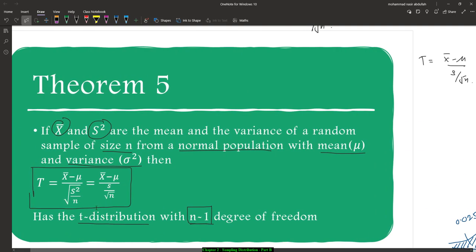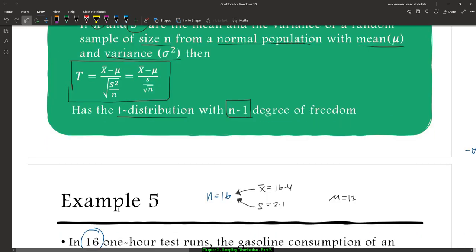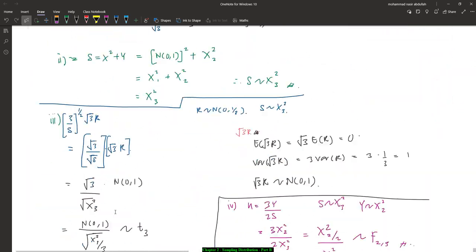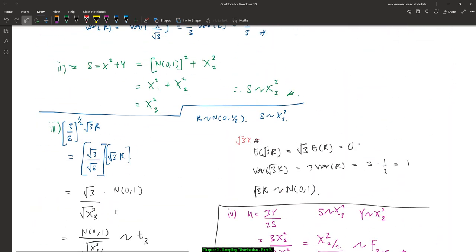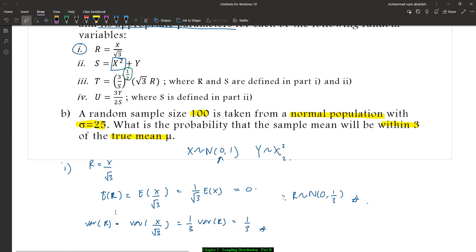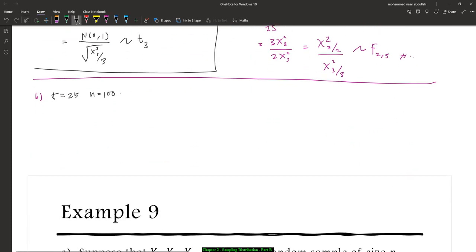Here it says find the probability that the sample mean will be within 3 of the true mean. So probability of negative 3 less than X bar minus mu less than 3, right?